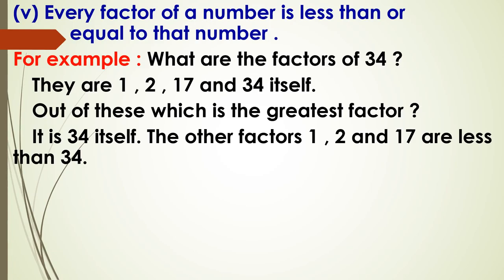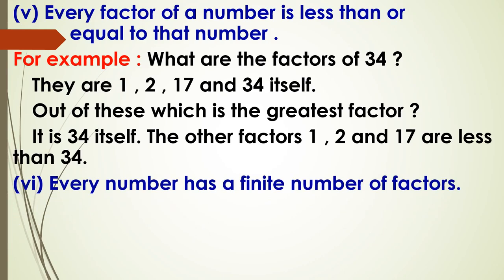So we can say that every factor of a number is either less than or equal to that number. 1, 2 and 17 are less than that number and 34 is equal to that number. Means there is no such factor which is greater than 34. Every factor of a number is less than or equal to that number. Clear? Shall we move to the sixth point now?